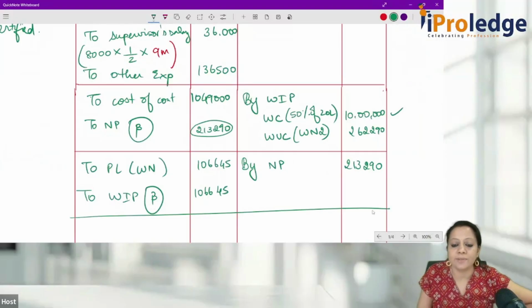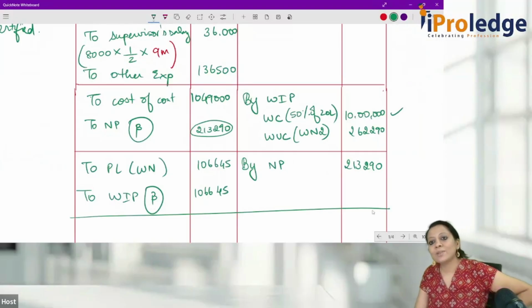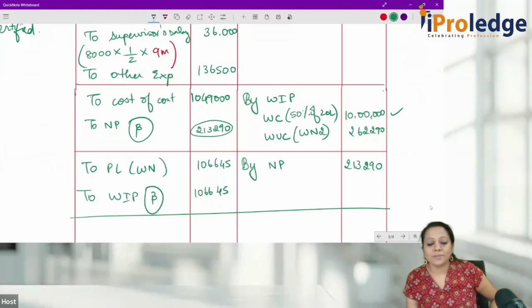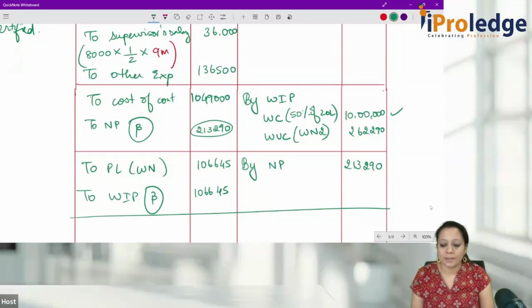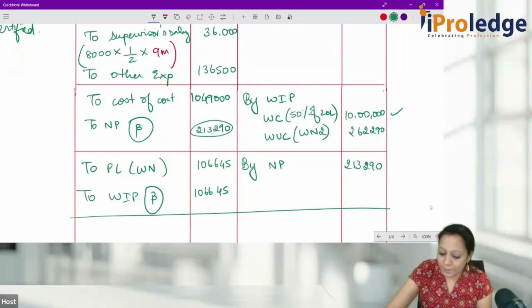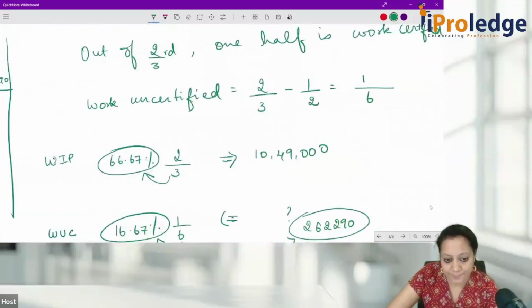That's all. This question is asked for 7 marks. So presentation wise, if you know, easily you can score about 3 marks just by presenting everything: work certified, uncertified, notional profit, everything, and the working note. With practice, easily it will come to us.